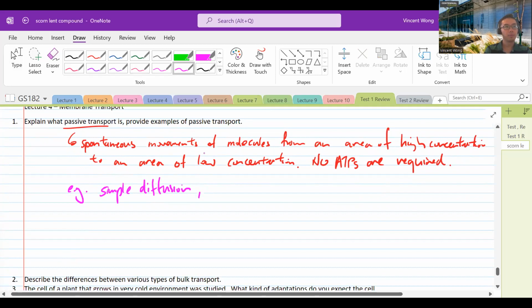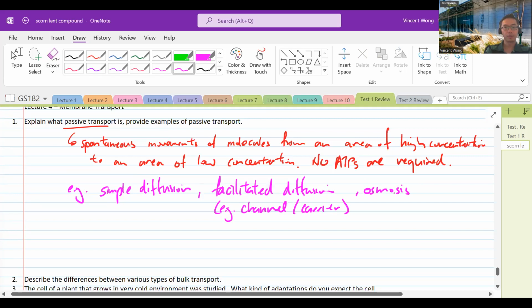Protein pump requires ATP, so the sodium potassium pump is an example of a protein pump. That would not be passive transport. Facilitated diffusion, that's right. So that would be the channel protein or carrier protein. Osmosis is another one. Very good. So these are examples of passive transport.